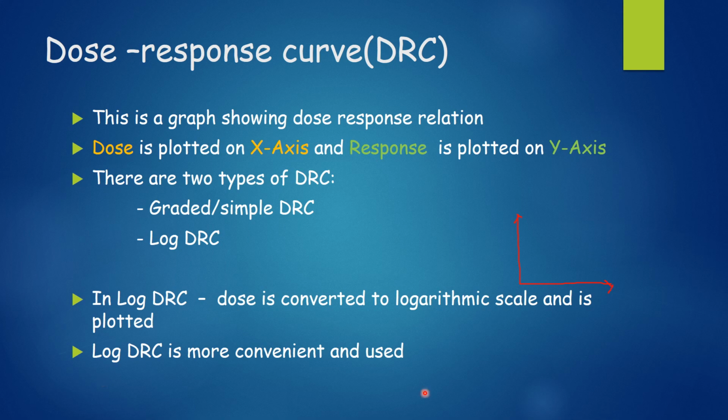As I have told, the dose will be like 10, 100, or the dose will be in log value. So, 1 and 2 will denote 10 and 100. So, we can plot large values. That is the main advantage of the log response curve. The log DRC is more convenient and is the commonly used dose response curve.